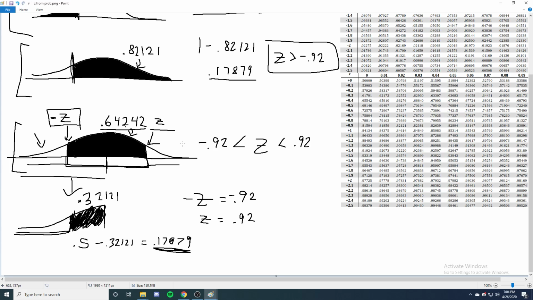Because it's between both of those z-values, we have to list both of them in our answer. If we had just said that z is less than 0.92, we would be including this empty area here, and we don't want to do that. So we have to cut it off on both the left and the right side to get our final answer: negative 0.92 is less than z is less than 0.92.